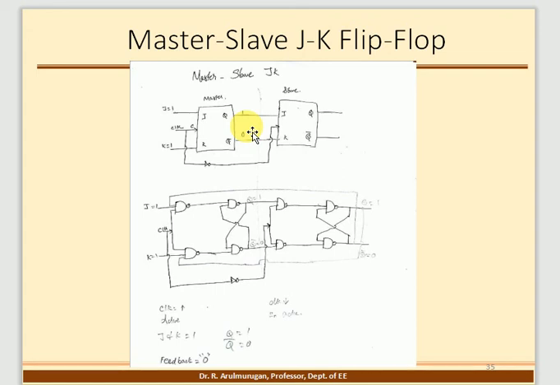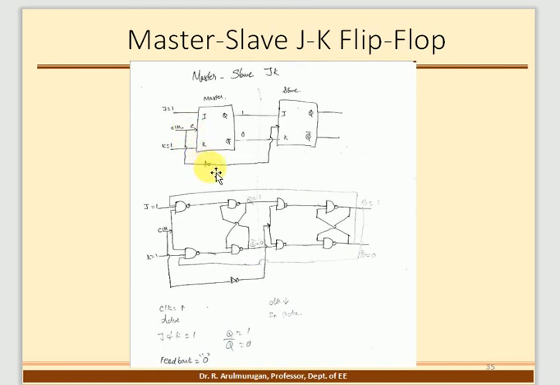Similarly, here there are two flip-flops, JK flip-flop 1 and JK flip-flop 2, like the hard disks. One acts as the master and the other acts as the slave. For the connection, J is an input and K is also an input, and there is a clock signal.